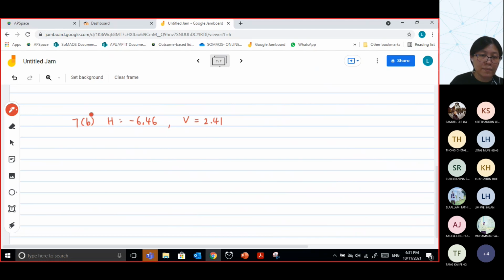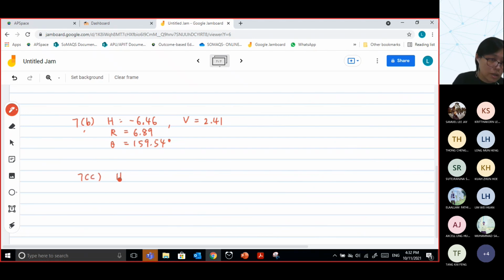There may be some small difference because of rounding error. Then R is actually 6.89. Then theta is 159.54. So you all try this out. If you have any problems, let me know tomorrow.